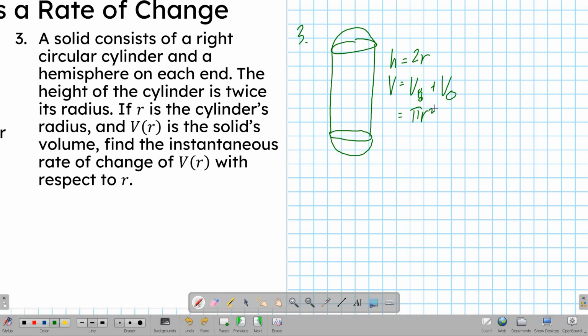Well, the volume of the sphere is 4/3 pi r cubed. The thing is, we need to write h in terms of r because we're looking for V of R. This is where this comes in: the height of the cylinder is twice its radius.